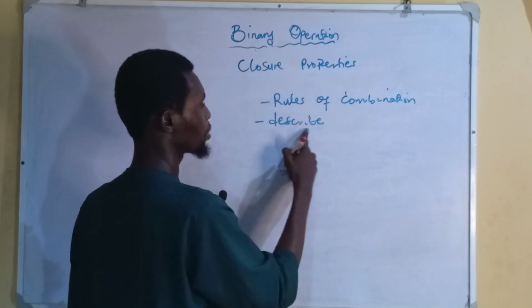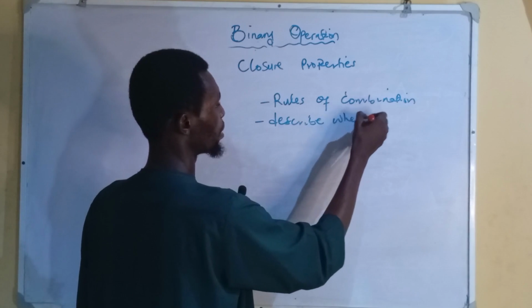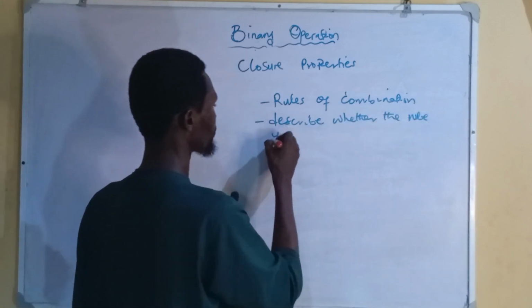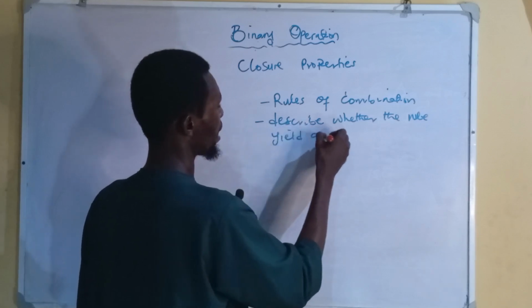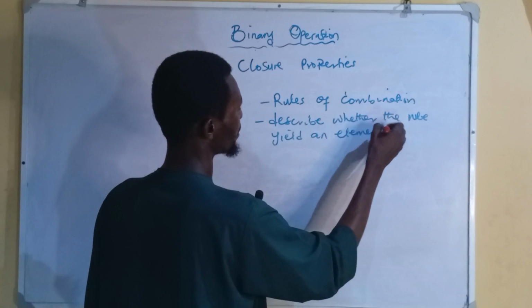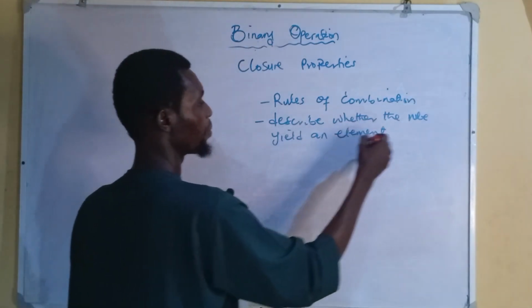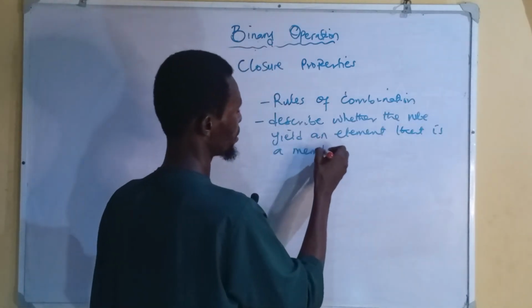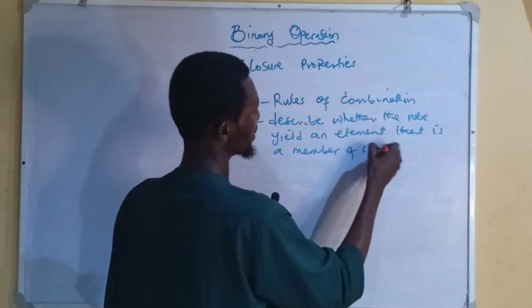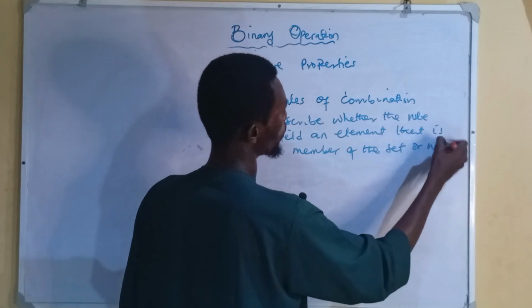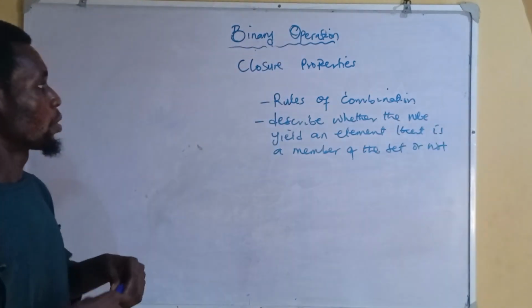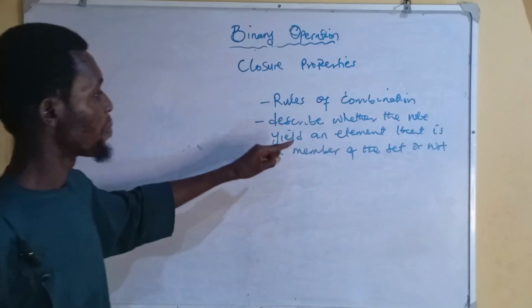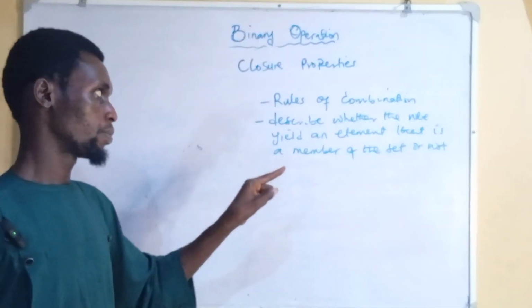So the closure property describes whether the rules yield an element that is a member of the set or not.